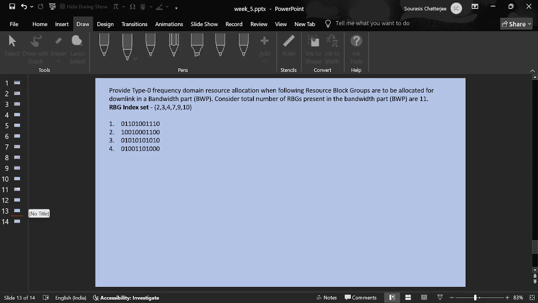Okay, this is about the frequency domain resource allocation. We have discussed the time domain resource allocation. When it comes to frequency domain resource allocation, what is the difference in context of time domain resource allocation? Is it some fixed length bit sequence, or can it vary?